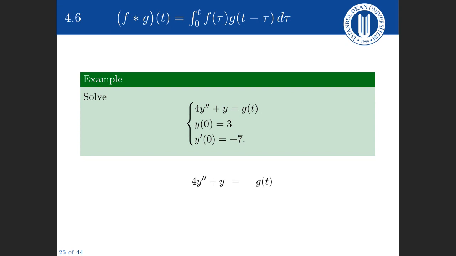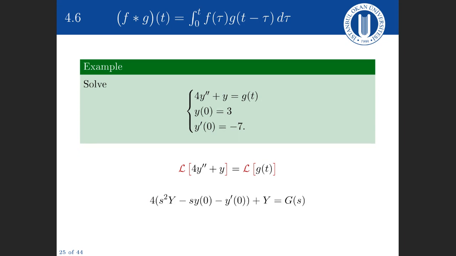So what do we do? We start with the differential equation, and we're going to take the Laplace transform of everything. We're going to get 4 multiplied by s squared capital Y minus s y of 0 minus y prime of 0, plus capital Y is equal to capital G. The initial conditions are 3 and minus 7.